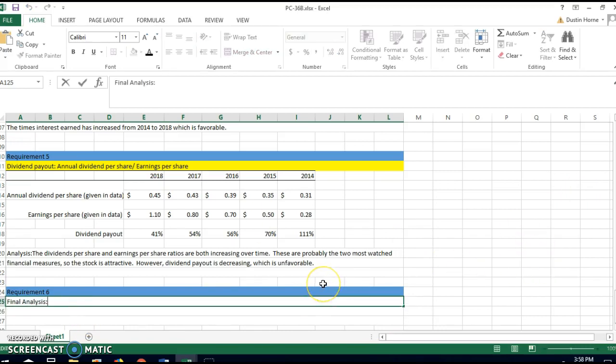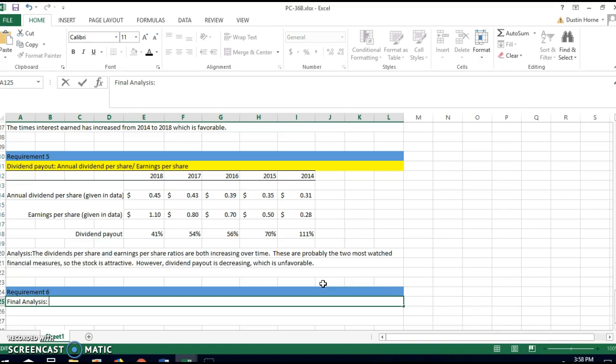Requirement 6. This is basically, if you look in your list of requirements, requirement 6 says, should you invest in the common stock of this company, and explain your decision.